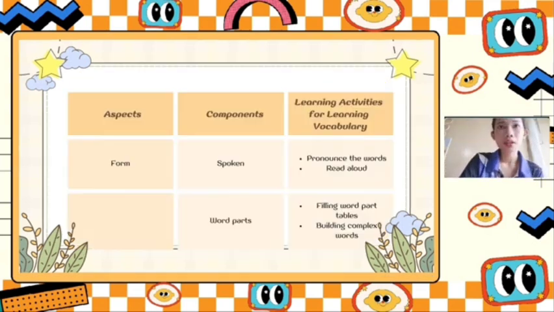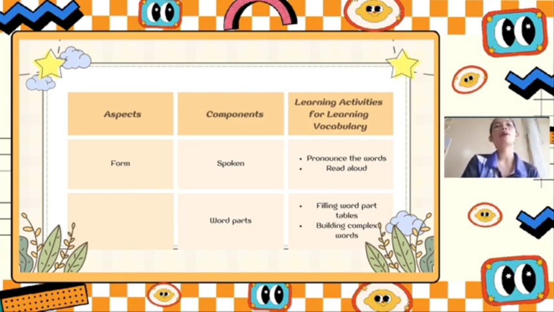So, here's a table that presents a structured approach to vocabulary learning. Okay. So, in the form aspect, form focuses on pronunciation and word structure. So, in spoken form, activities like pronouncing words and reading aloud help students improve their pronunciation and fluency.